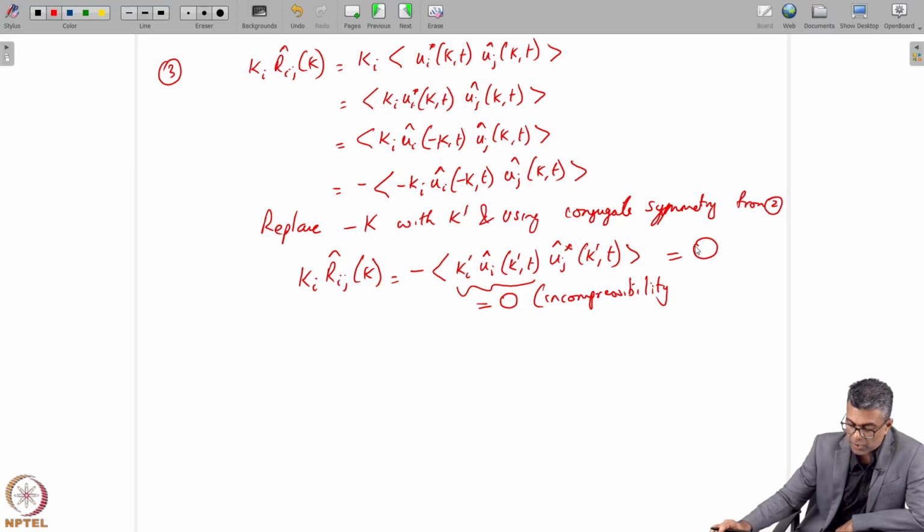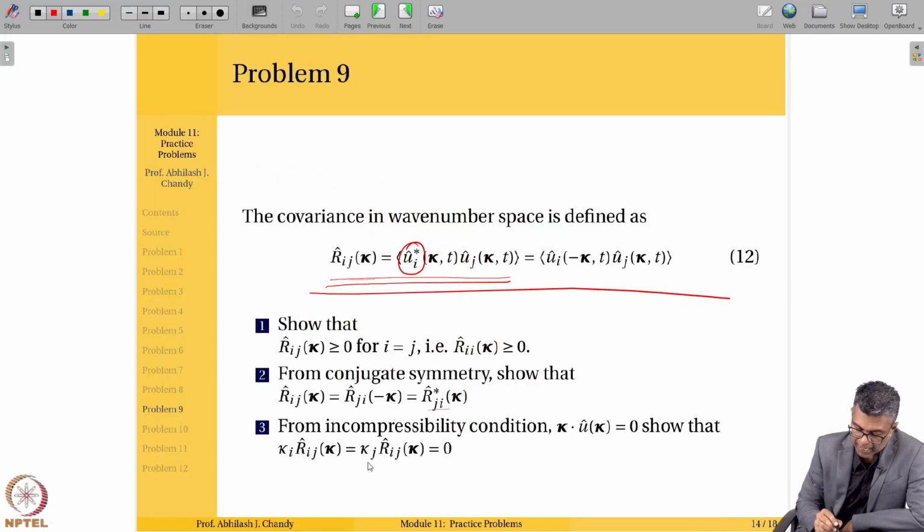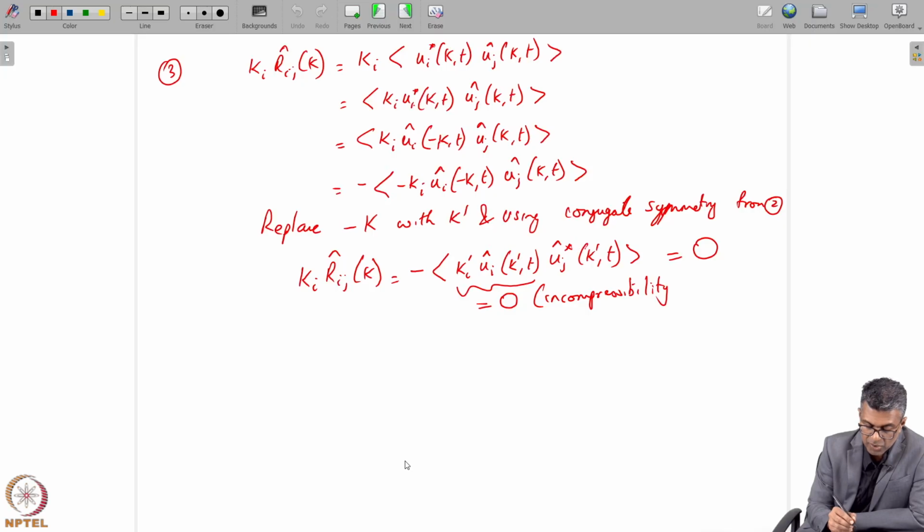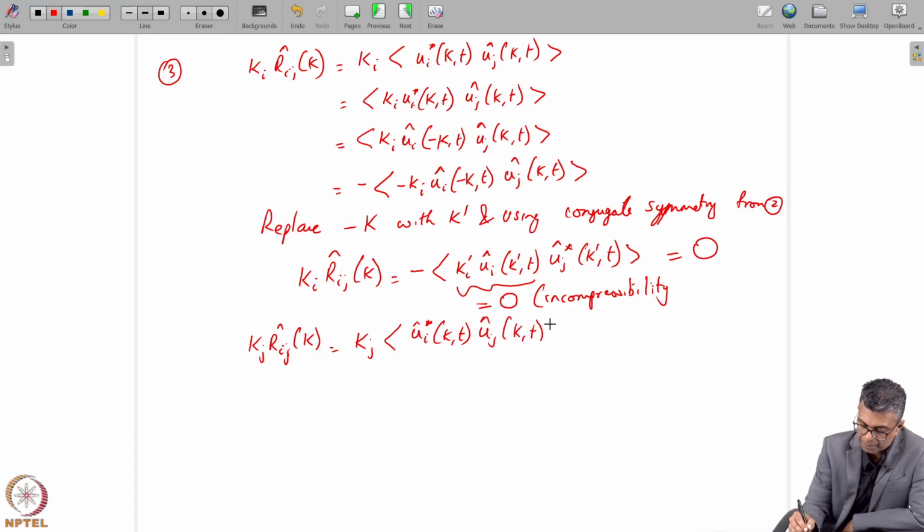Now there was an additional part to it where I had to prove kappa j Rij hat of kappa is also equal to 0. So how do I prove that? Similarly, I do kappa j Rij hat of kappa, which is kappa j, using the definition, ui star of kappa comma t and uj hat of kappa comma t.